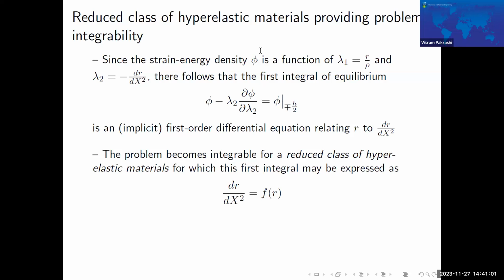So if we are able to express our derivative of R with respect to the thickness coordinate in terms of any, however complicated, function of R, then the problem becomes integrable.